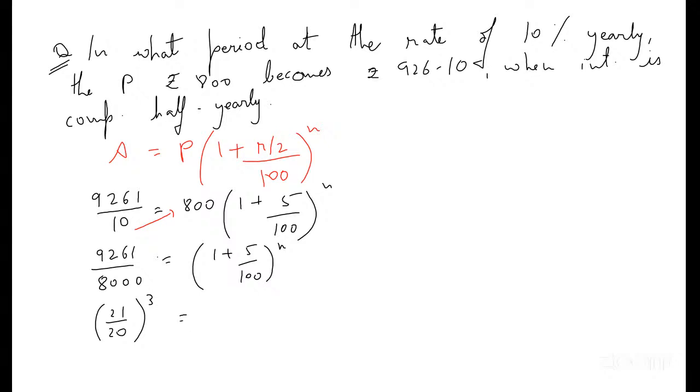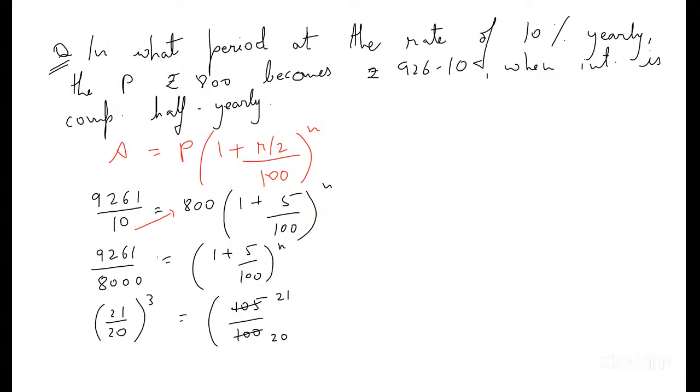And when we solve 1 plus 5 by 100, we get 105 by 100, and when we solve it, we get 21 by 20.